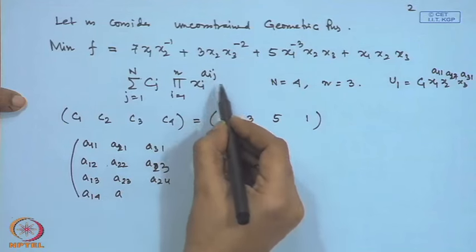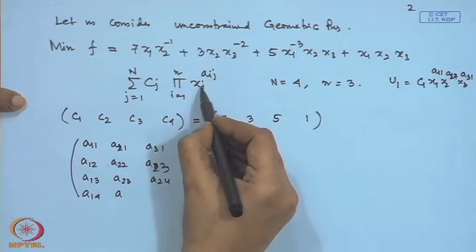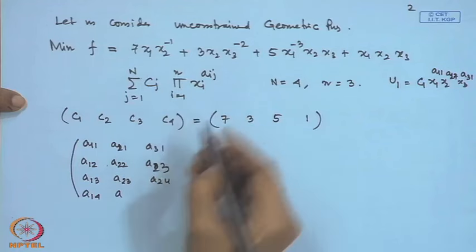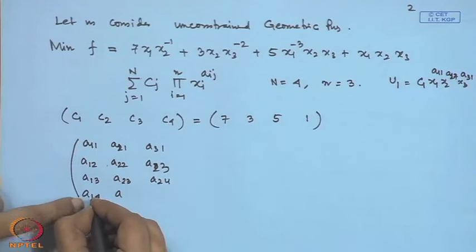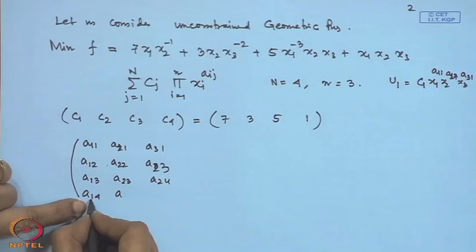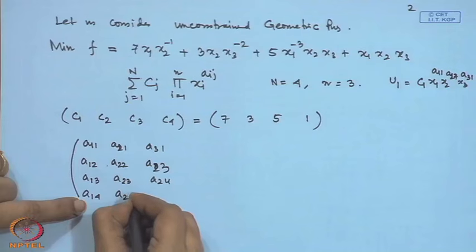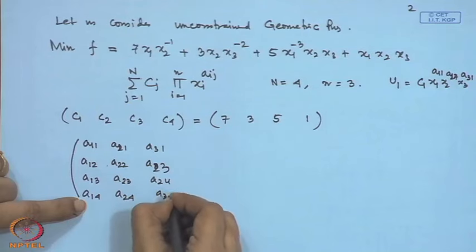Because these are in the form of aij, i corresponds to the suffix of the decision variable and j corresponds to the corresponding term. This is from the fourth term, first coefficient, so i is equal to 1 and j is equal to 4 here, then a24, a34.